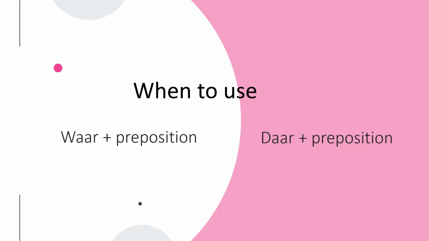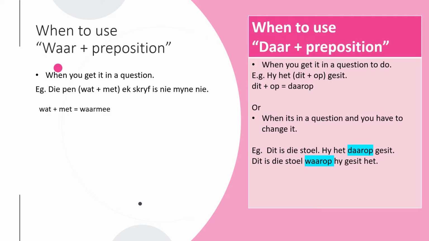Now, when do we use waar and preposition or daar and preposition? Well, we'll use those when it is in the question for us. So on your left-hand side, you can see they've given you an example and they ask you wat plus met.